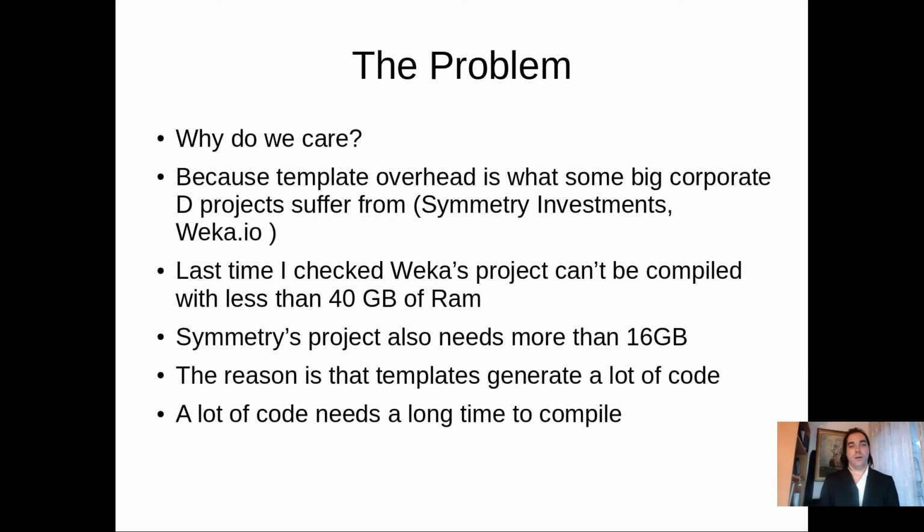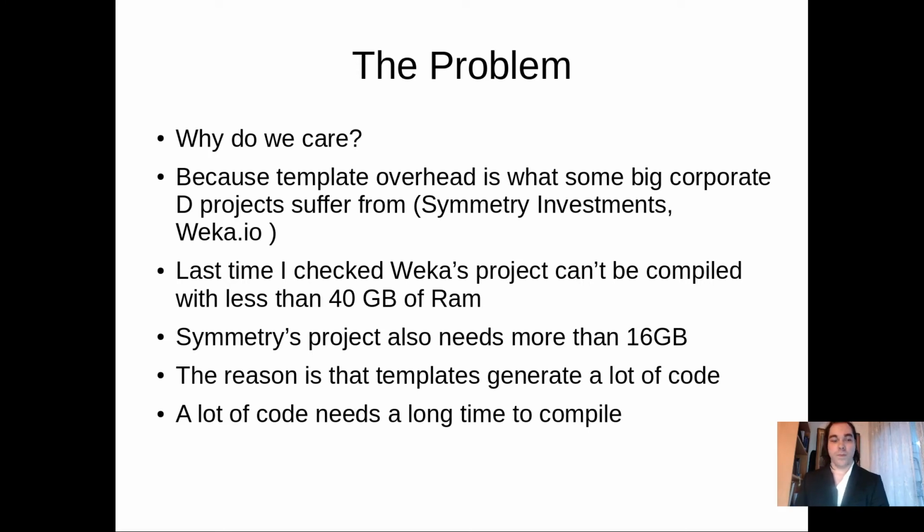And when you look at the Symmetry code base, parts of it have blow up factors that are over 500x. So that means you will see 1,000 lines of code, but actually you're compiling 500,000 lines of code, which is 2 orders of magnitude higher.